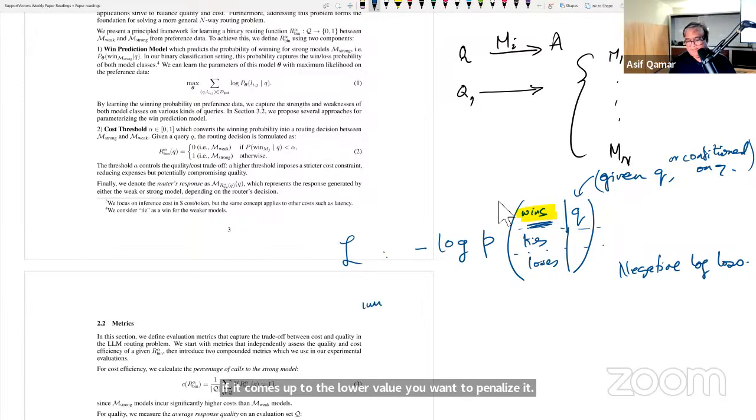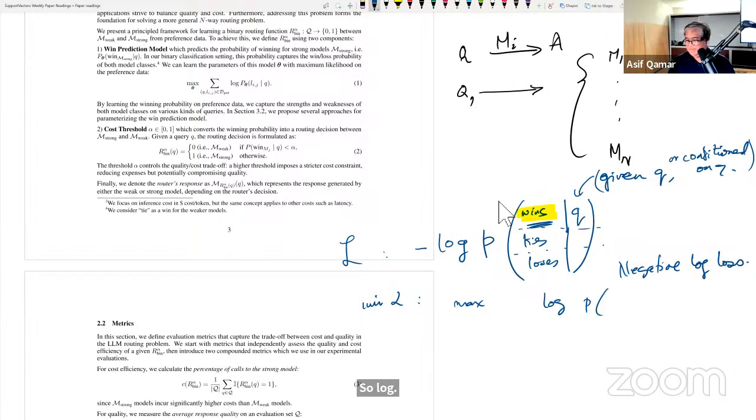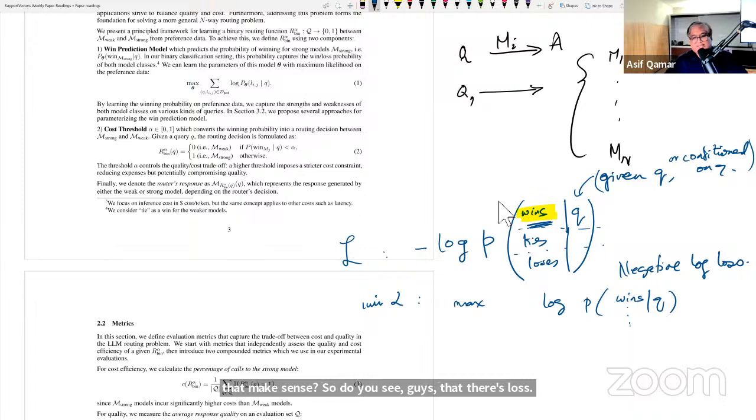So min of the loss is the same as max of the log P, without the negative sign. And let me just take this one, wins versus Q. I'm just taking it like this. Does that make sense? So do you see, guys, that the win prediction model's job is quite simple. It has to maximize the likelihood on the preference data.